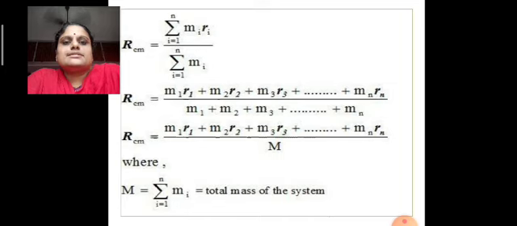So in short, in summation notation, R_CM is equivalent to summation i equals 1 to n of miri divided by summation i equals 1 to n of mi, which is expanded as (m1r1 + m2r2 + m3r3 + etc. up to mnrn) divided by (m1 + m2 + m3 + etc. up to mn). The denominator can be replaced by capital M, where capital M is equivalent to summation from i equals 1 to n of mi, which is the total mass of the system of particles.